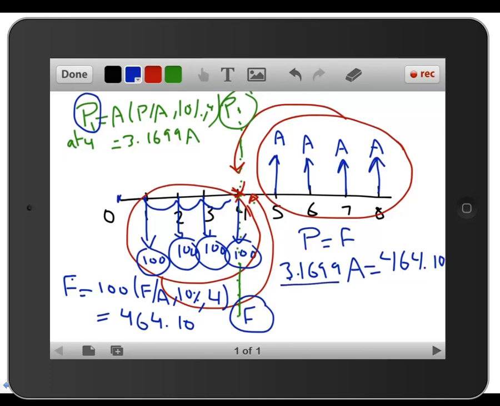Dividing both sides by 3.1699, then A will equal to 146.41. And again, this is the same value that we got before.